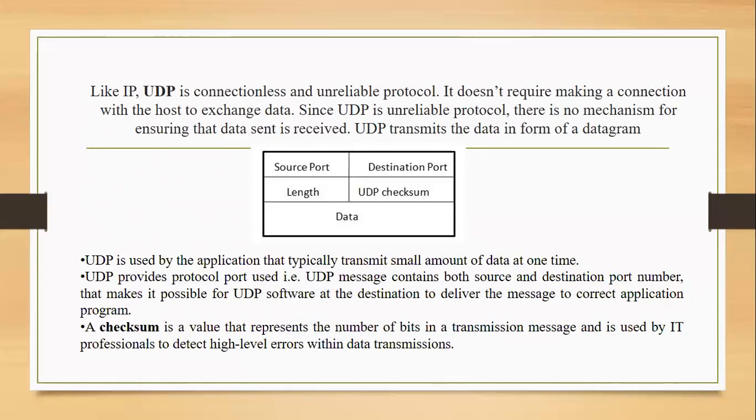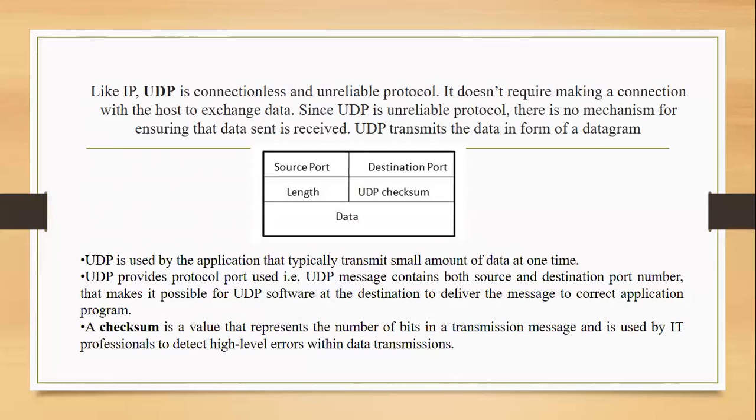And IT professionals use it to detect high-level errors within that transmission. That means it is for confirmation whether the data is correct or not. It means for validating the data we need a checksum, some checkpoints to check whether the data is correct or not.